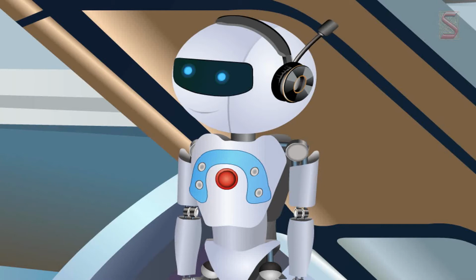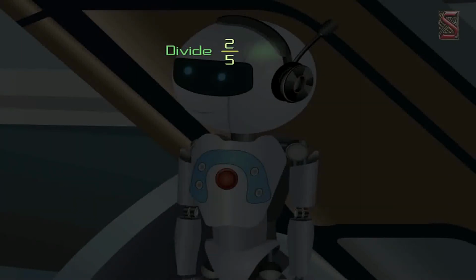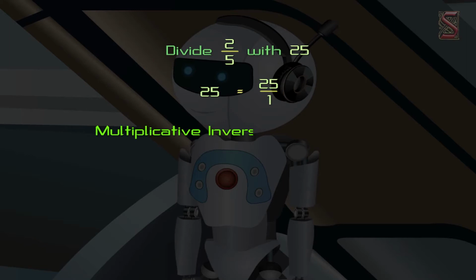Consider the above example wherein we divide 2 by 5 with 25. First, we write the whole number as a fraction, that is 25 as 25 by 1. Then, the multiplicative inverse of the whole number is found. In this case, multiplicative inverse of 25 by 1 is 1 by 25.